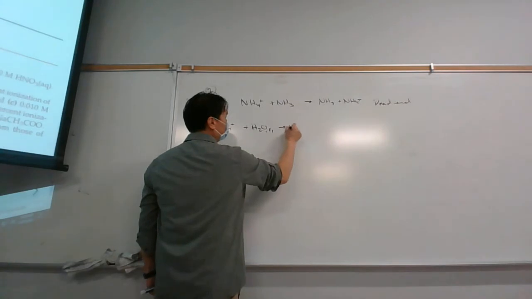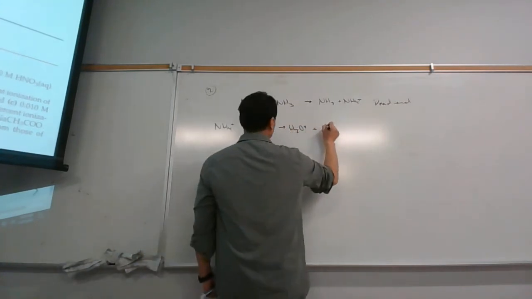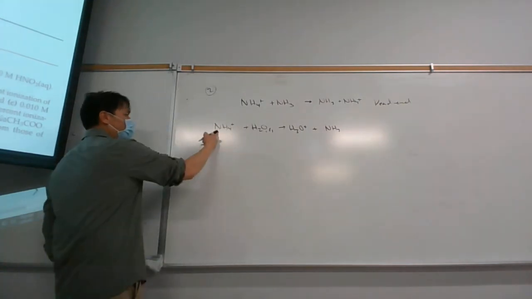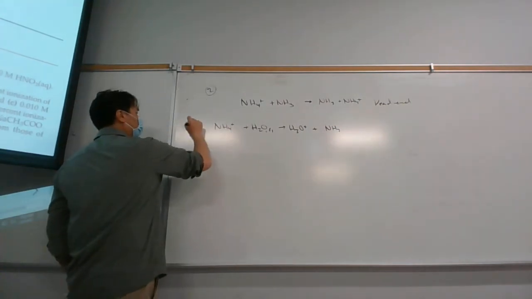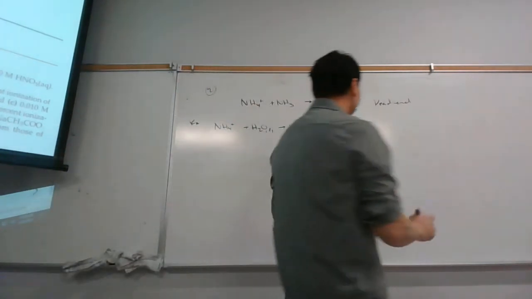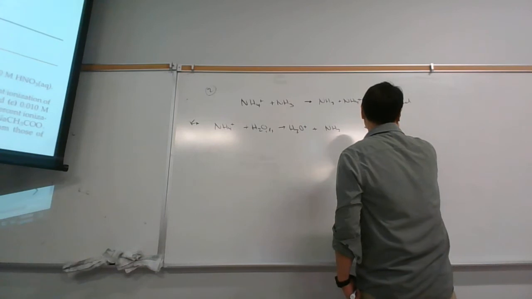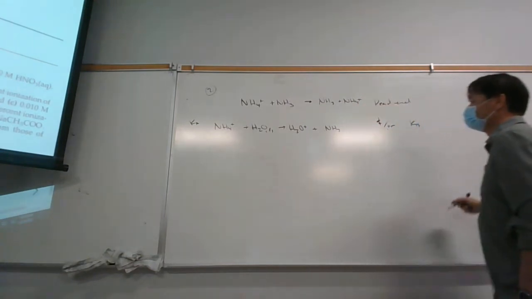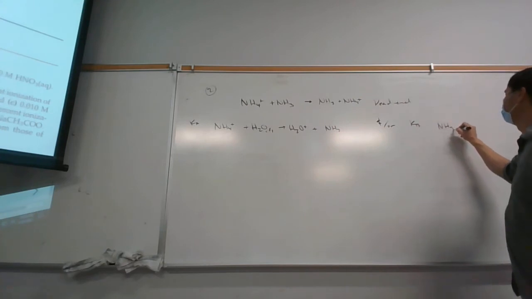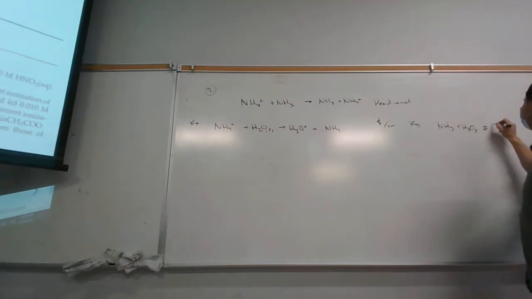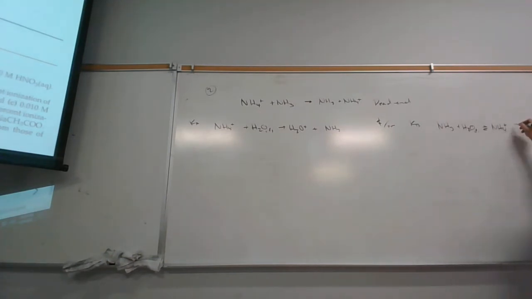If we do that, we're going to form hydronium and ammonia. This would be Ka. And or Kb, because we have ammonia present too. If we have ammonia present, we'll take ammonia and water, and we're going to form ammonium and hydroxide.